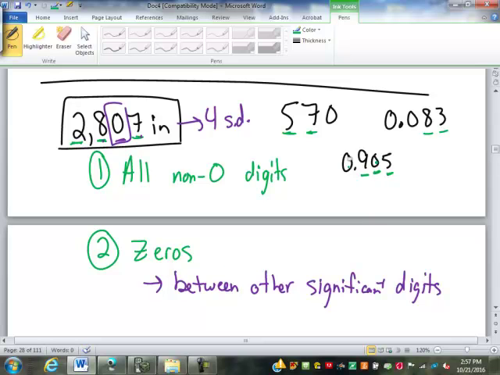This 0 is not between other significant digits, so it does not fit that criteria. .0730. So again, our 7 and 3 are significant because they're not 0. But none of the zeros here are between other significant digits, so they don't fit that criteria.